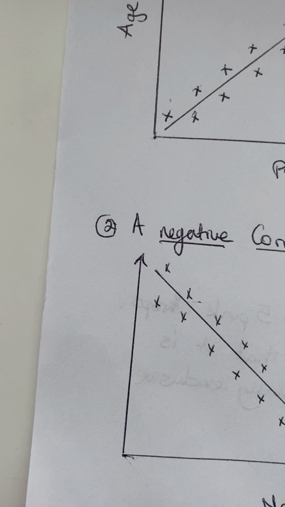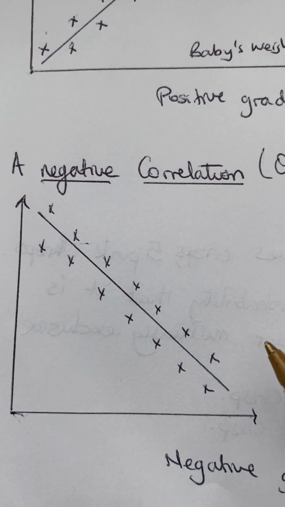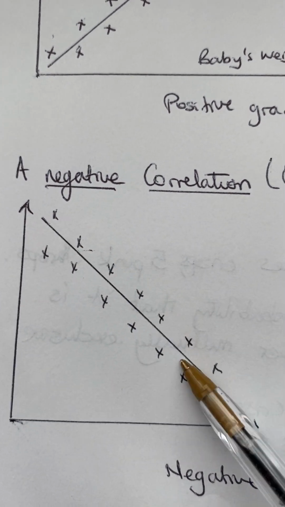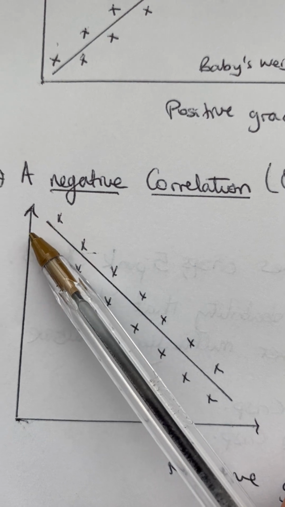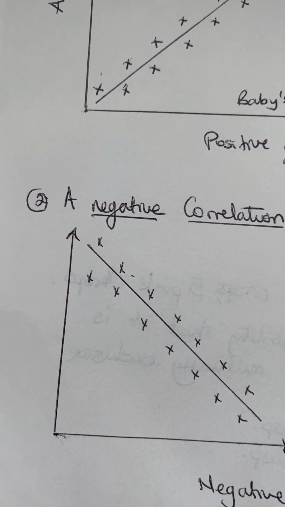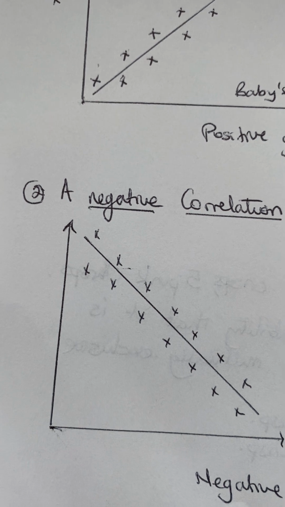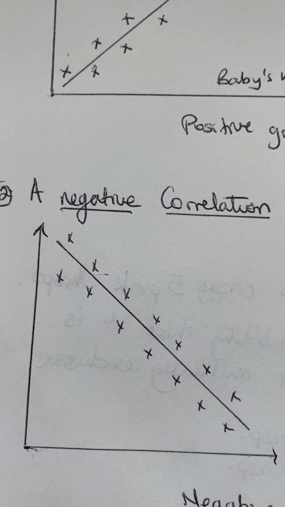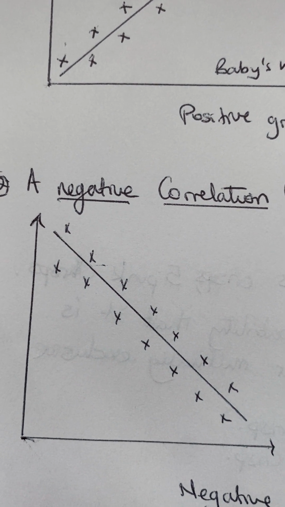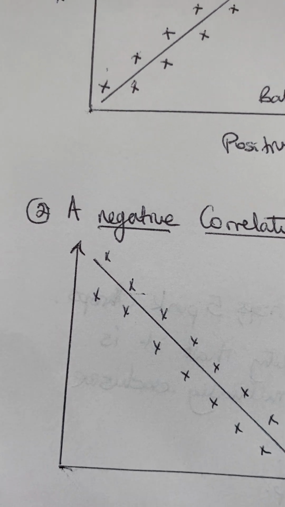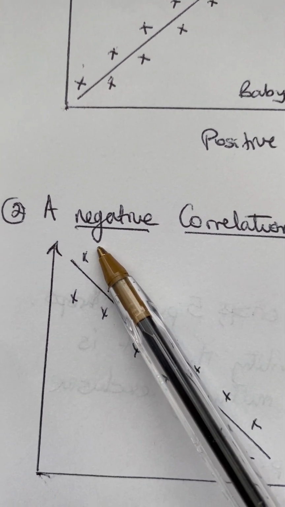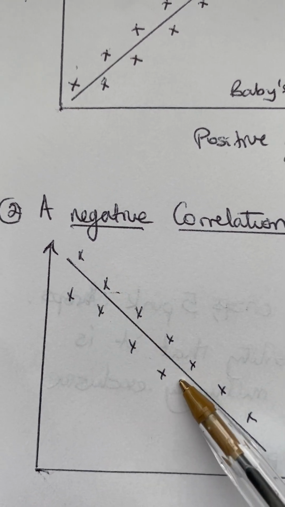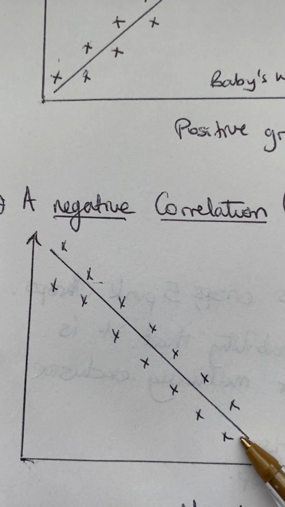In the negative correlation, as you can see, this is a strong negative, where one is increasing and one is decreasing. For instance, if you drive your car weekly, you have less petrol. You might start the week with a full tank, but as you drive it around, you have less petrol.